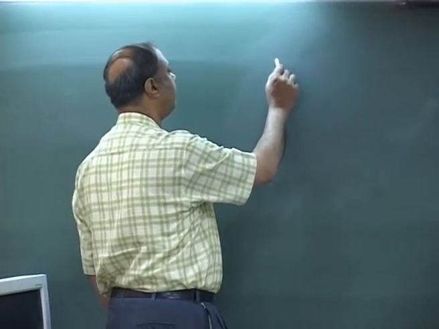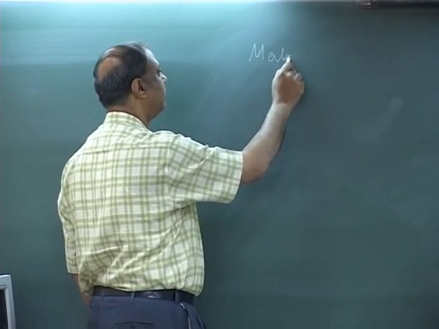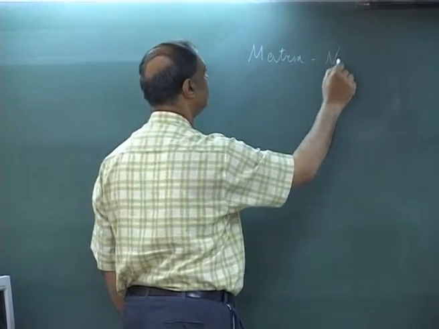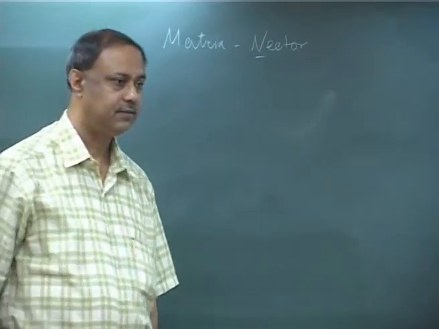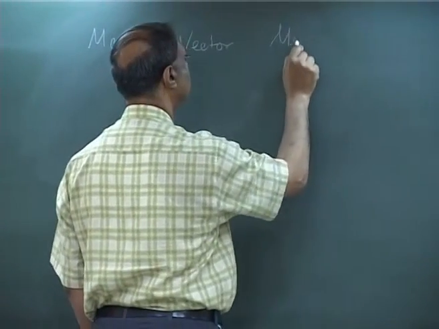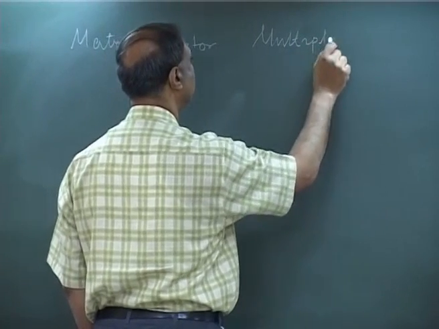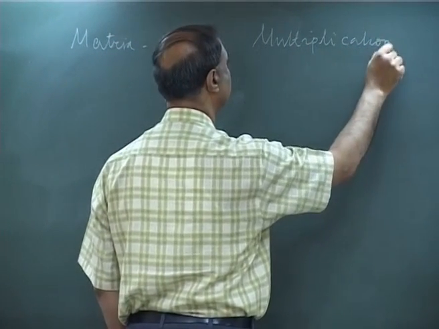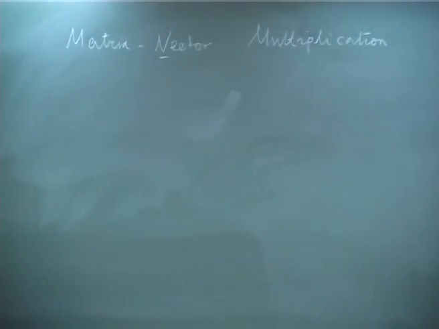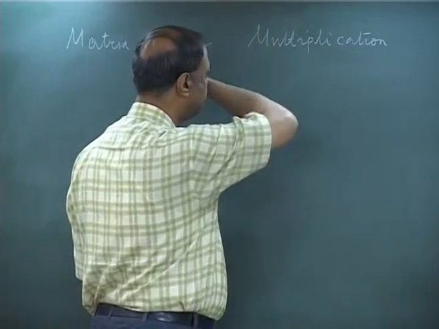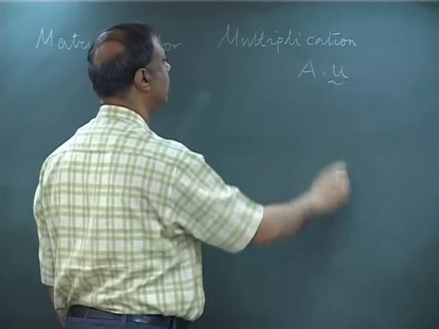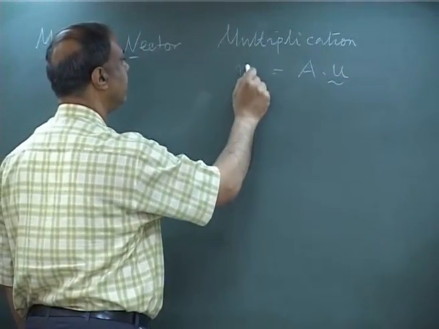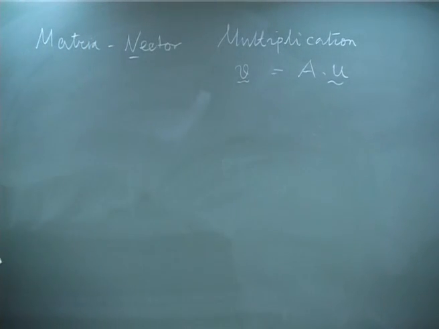The next type of problem is matrix vector multiplication. Here the problem is, instead of two matrices, you will be multiplying A with V and getting the vector V. You remember that, right?